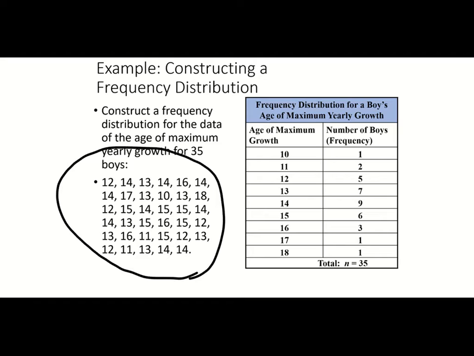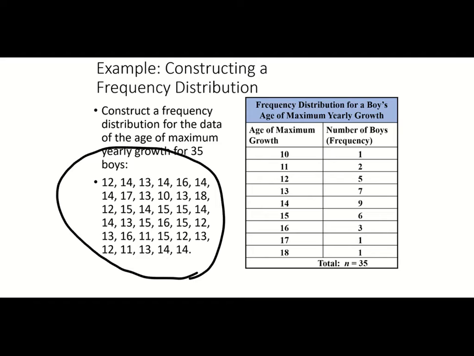So what you want to do is look at the information and organize it. We are looking at the age of maximum yearly growth for 35 boys. So what they did is they made a frequency distribution chart. They said, okay, what's the youngest age?